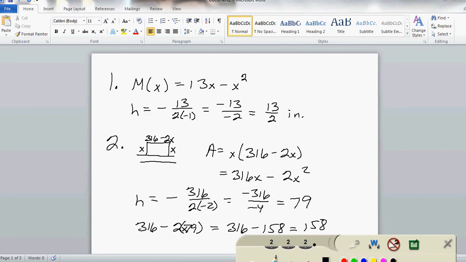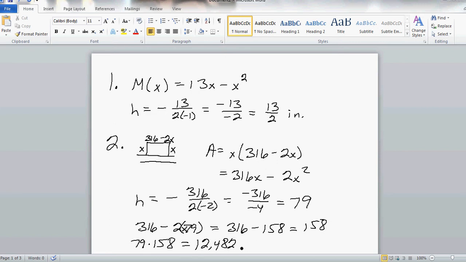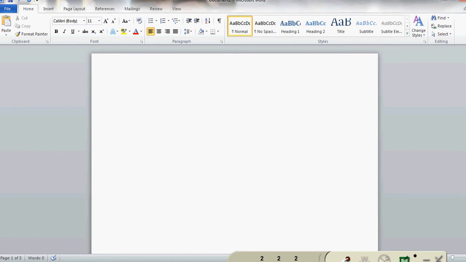And so to answer the question, what is the area? Well, the area would be 79 times 158, which equals 12,482 square feet. And so that would be the maximum area that we could enclose.